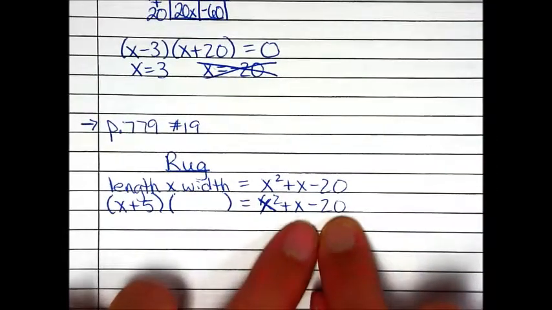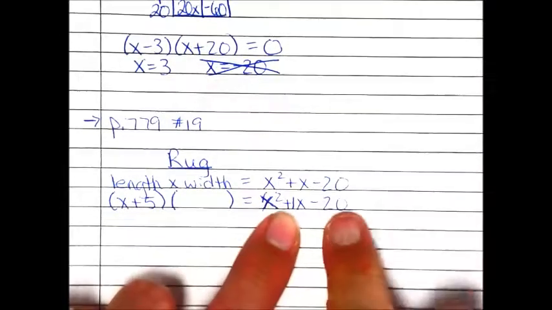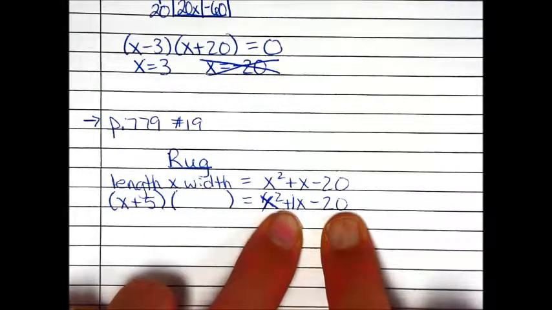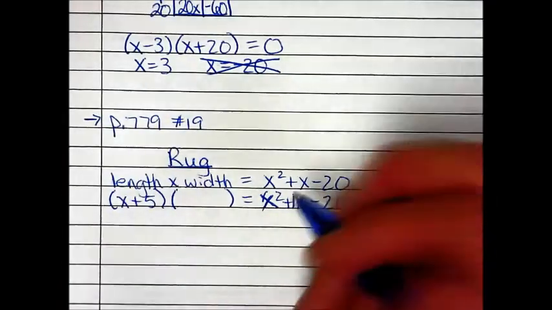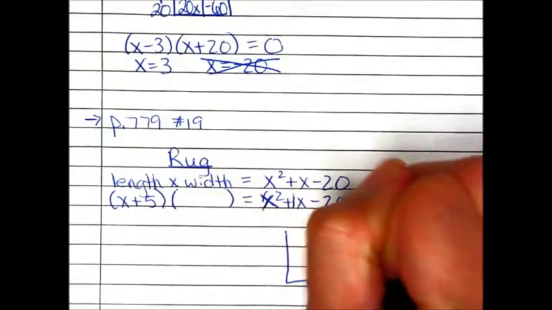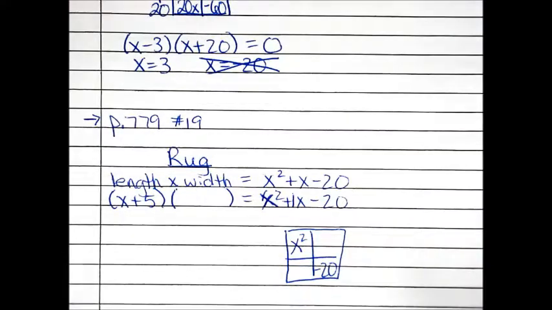So what could you multiply to get negative 20, but add to get 1? If you're going to multiply to get negative 20 and add to get 1, you guys could do the box and have x squared and negative 20 here.